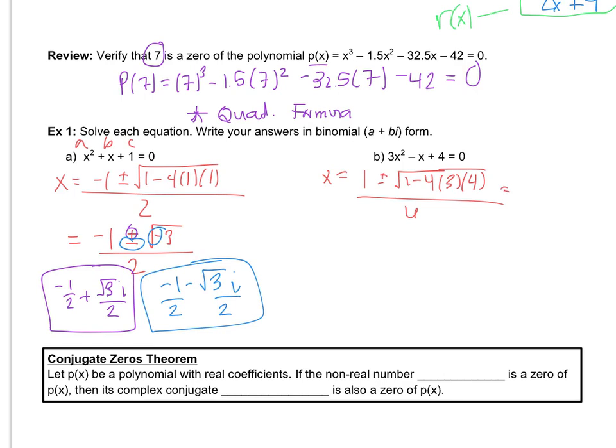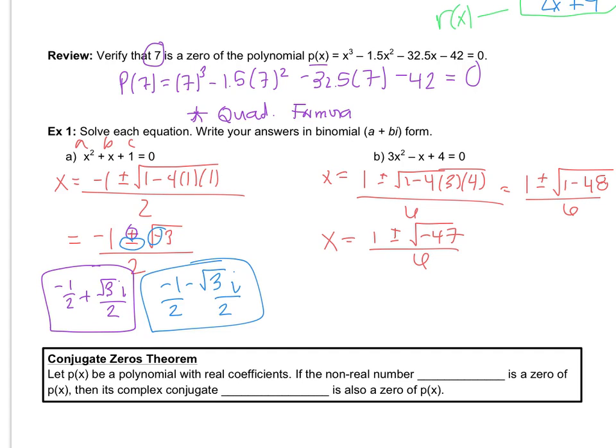So this simplifies to 1 plus or minus the square root of 1 minus 4 times 3 is 12, times 4 is 48, all over 6, so we're looking at 1 plus or minus the square root of negative 47 over 6. So I'm going to rewrite both of my zeros in binomial form.